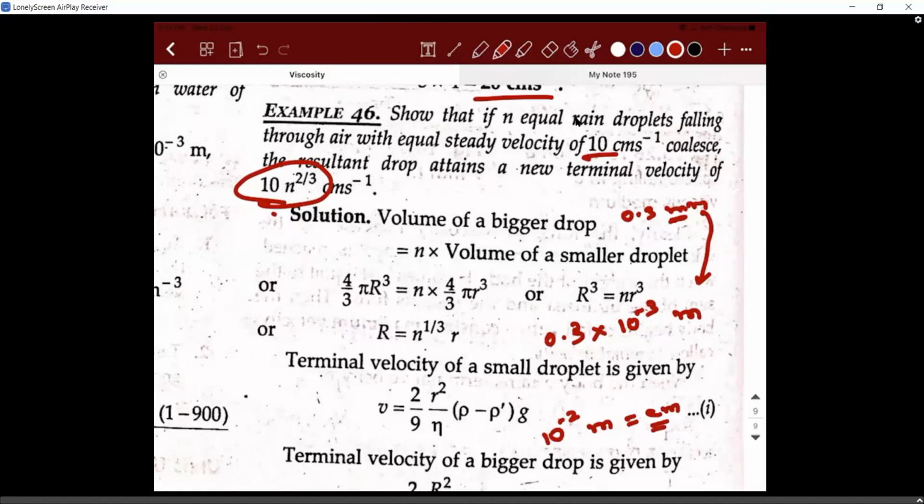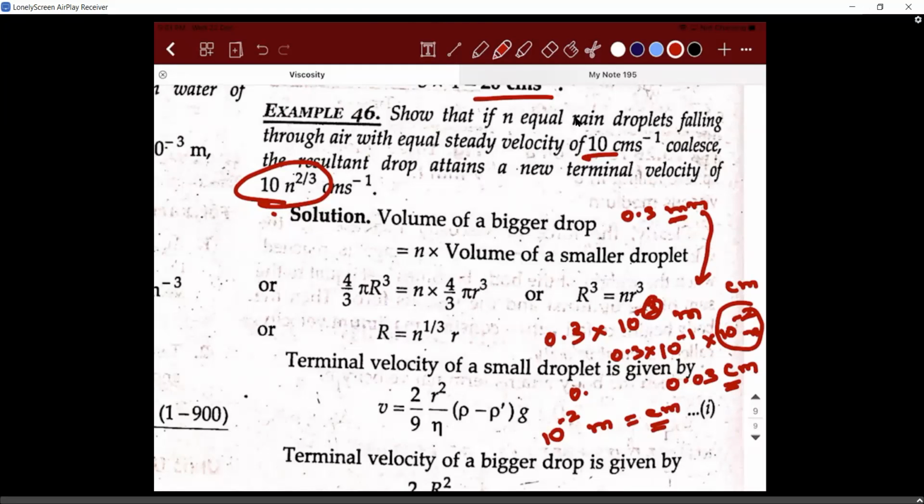Yes, sir. Centi is centum, 100. So 1 by 100 is what we call centi. Okay. So 0.3, this 10 power minus 3, can I write it as 10 power minus 1 into 10 power minus 2? Yes, sir. So this 10 power minus 2 meter, I'll call it as centimeter. 0.3 into 10 power minus 1. So what will happen? 0.03 centimeter. Yes, sir.